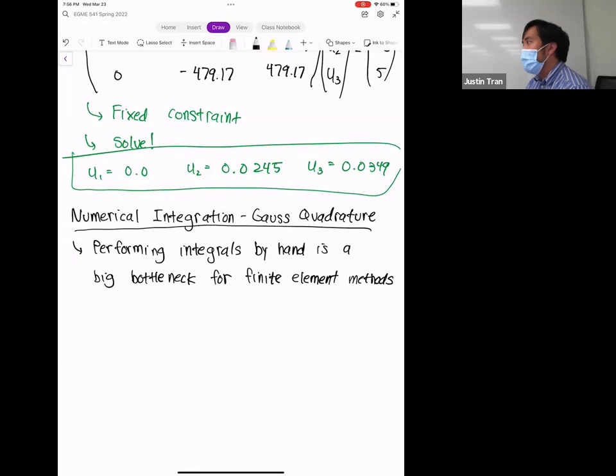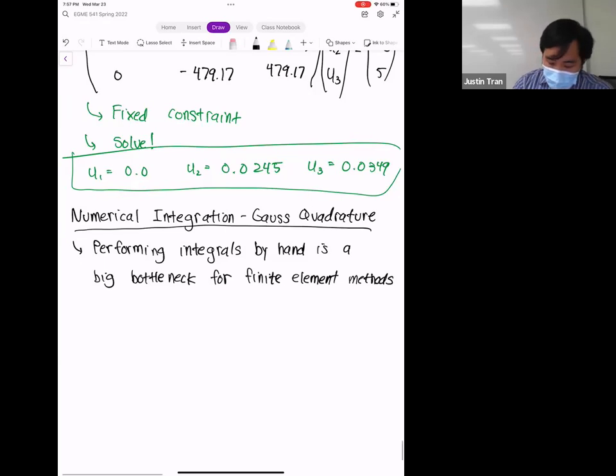And that's really hard to kind of encode into a computer. And so finite element methods kind of run into this bottleneck where we have these integrals that we have to compute, but if we have to evaluate these integrals by hand and then plug it into a computer, that kind of defeats the purpose of having a computer to do all this work for us.